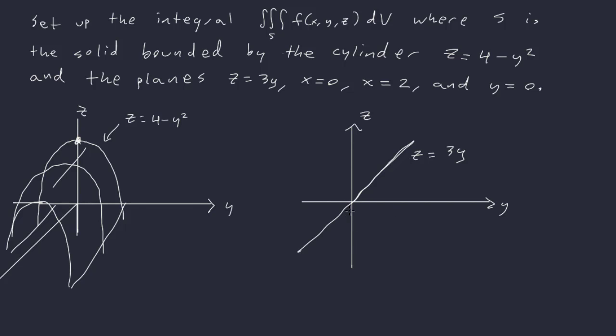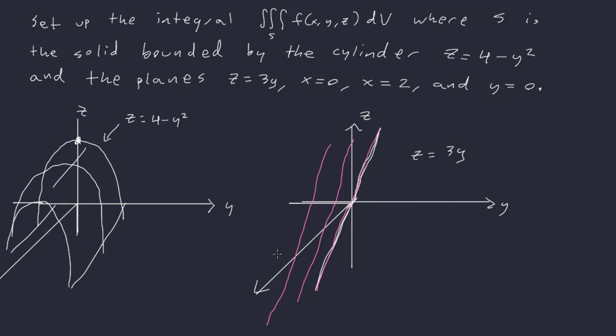Let me make that a little steeper. This is a little more obvious what's going on. Here we go. There's z equals 3y. So if I put the z-axis in now, we're going to have this same line throughout. So this is actually another type of cylinder, really, but just in terms of a line.